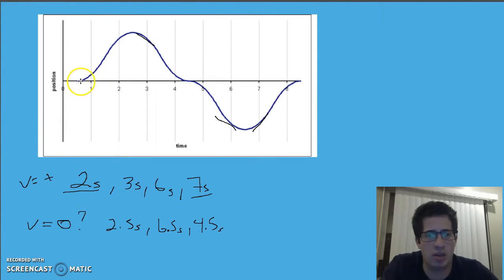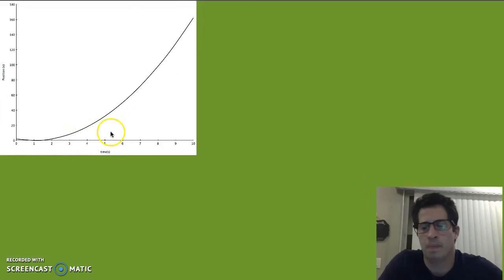What we're going to talk about now is how we can actually calculate the instantaneous velocity if we don't have an equation for the tangent line. Here we have a graph that represents the position of an object, and I chose this graph because I also have a function for it.